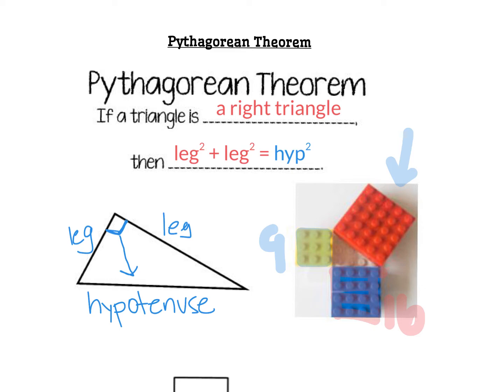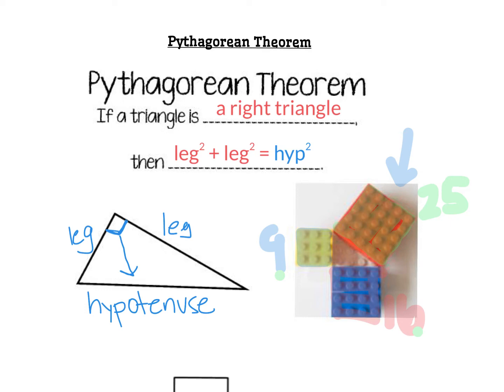To complete this, I built another length to connect it all around, and when I was done, it had a length of 5 along that hypotenuse. 5 squared gives me 25, and 9 plus 16 does give me that 25.